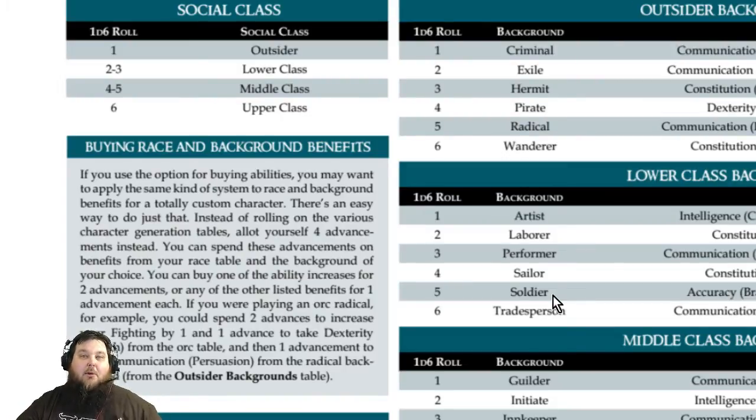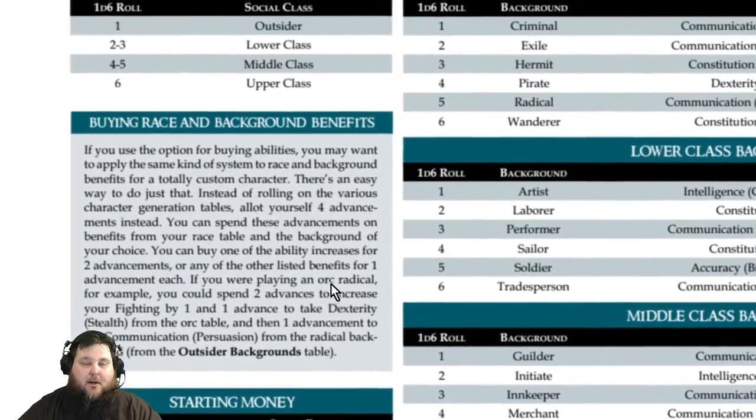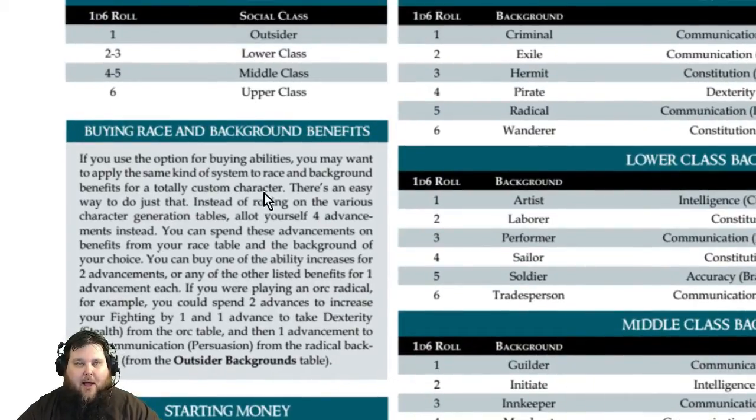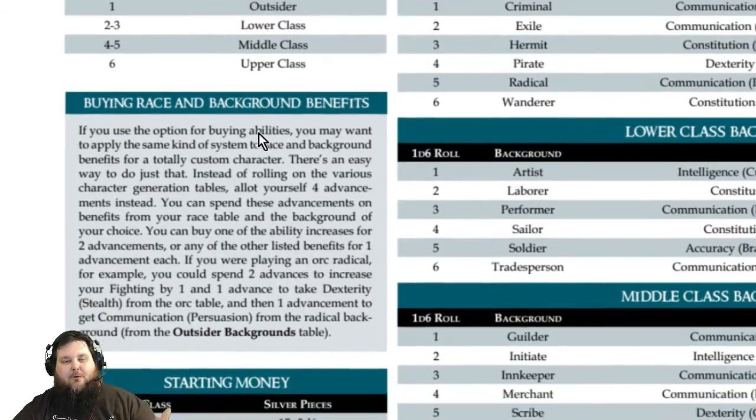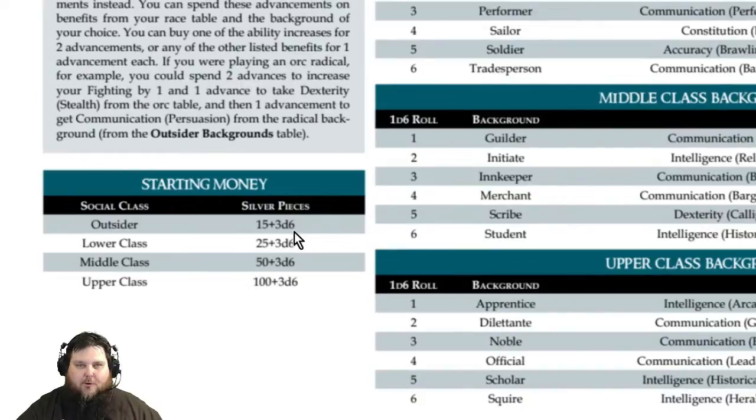Now the starting money is in the equipment section, which is I think 2 or 3 chapters away, but I incorporated it into this tutorial so you can see that starting money is affected by your social class. So outsiders start with 15 gold plus 3d6, and as you can see, the lower class starts with a little more, but the upper class is 100 silver plus 3d6.